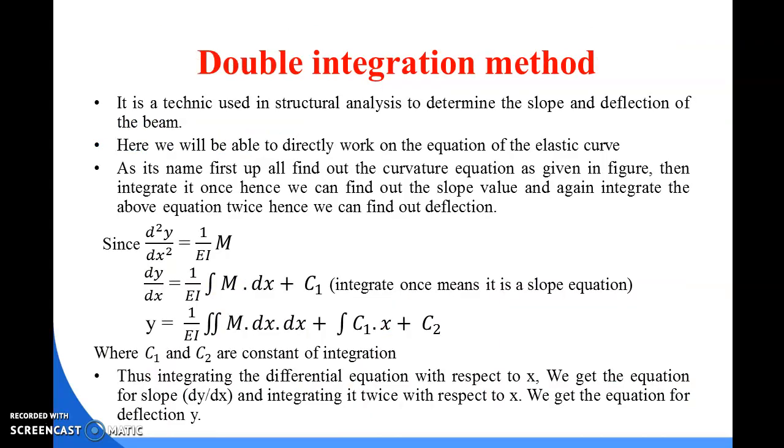As you see from the name, in the double integration method we have to integrate an equation twice. The equation is the bending moment equation about the x-axis section for the beam. Basically, it is a technique used in structural analysis to determine the slope and deflection of a beam.